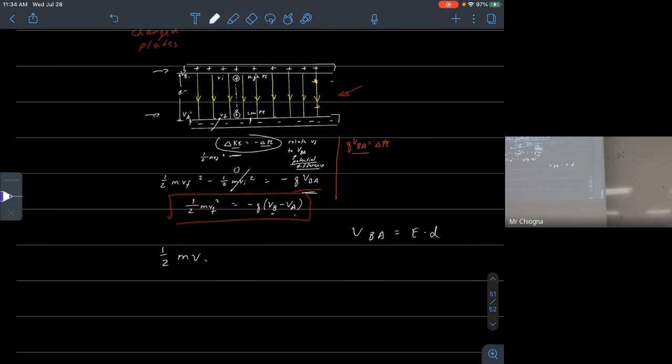If you're given the electric field, you just replace the VBA with this. That's it.